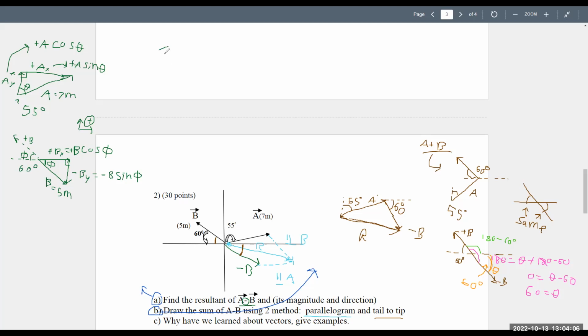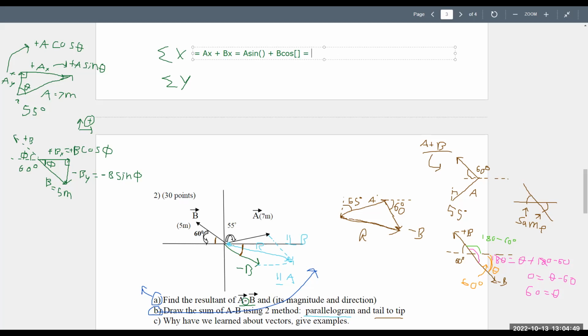Okay, so then we can go ahead and do sigma x and sigma y. I'm going to type these. Sigma x is equal to Ax plus Bx. Seeing as they're both positive, that still stands true. So that's going to be A sine theta plus B cosine psi. And we might as well plug it in while we're here.